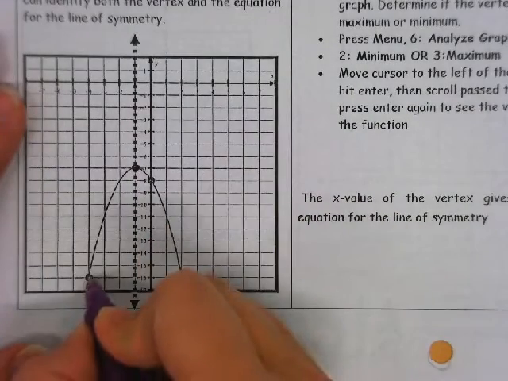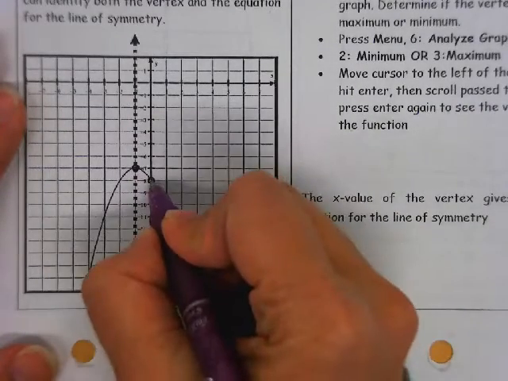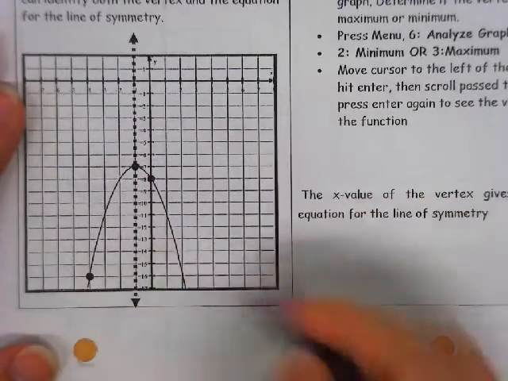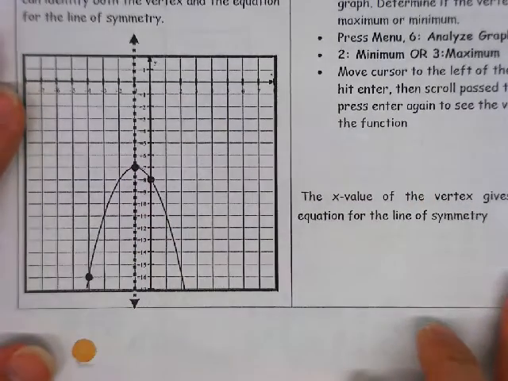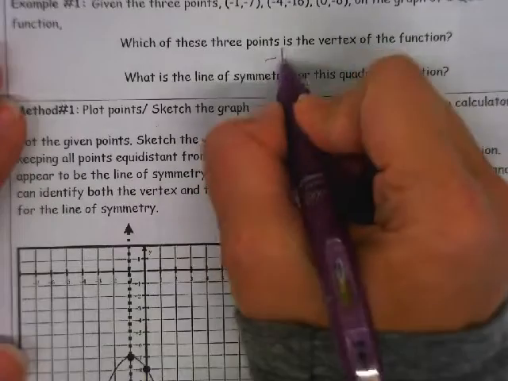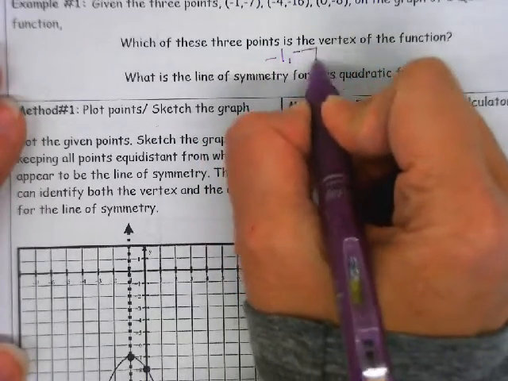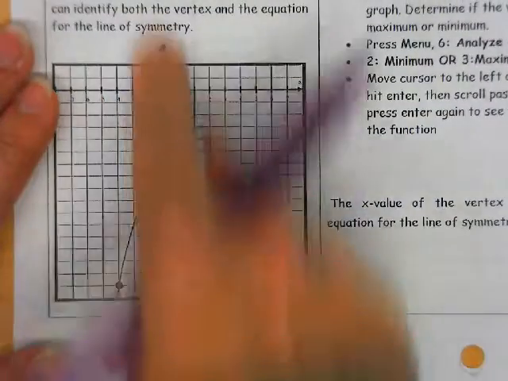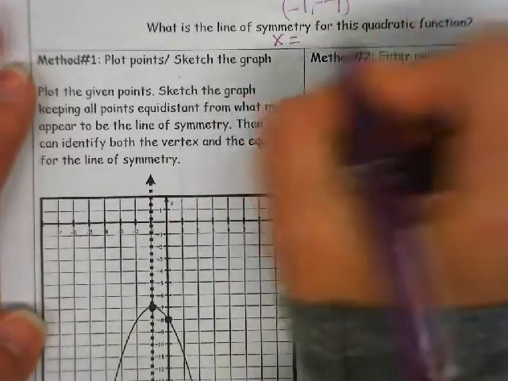You've been given negative 4, negative 16, and 0, negative 8. So based on that, you can see they've drawn their line. What was the vertex? The negative 1, negative 7. Okay, and the axis of symmetry was, you can see it here, x equals what? Negative 1.